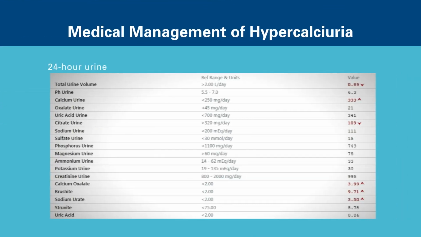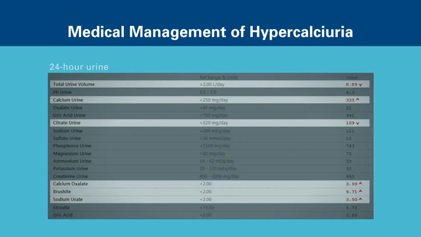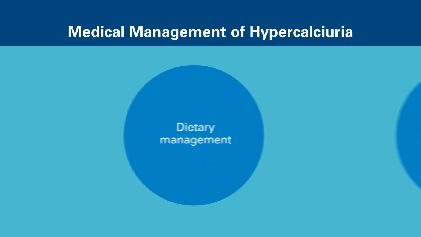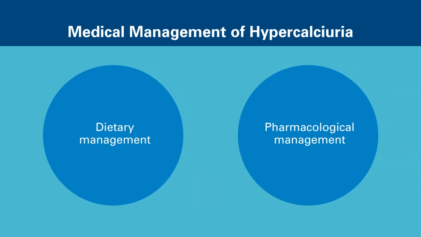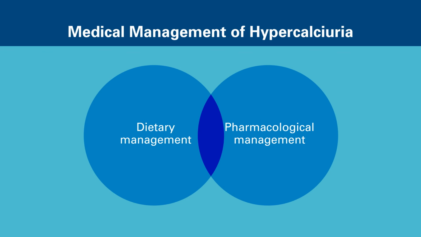So if I find any abnormalities on the 24-hour urine, which we usually find in about 97% of cases, I will make either dietary adjustments, or if they have significant stone disease, dietary and pharmacologic adjustments. And I want to usually repeat that testing in about 6 months to see if any of the changes have made any effects and lowered their stone risk factors.